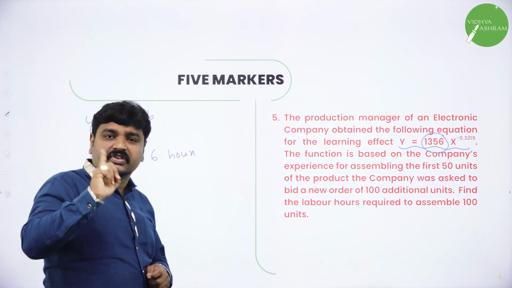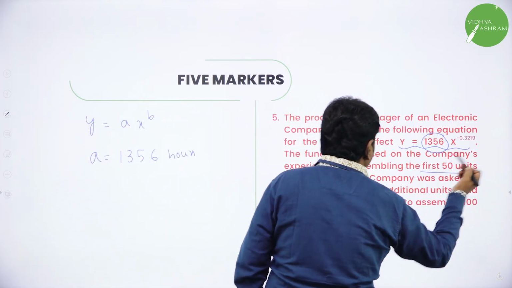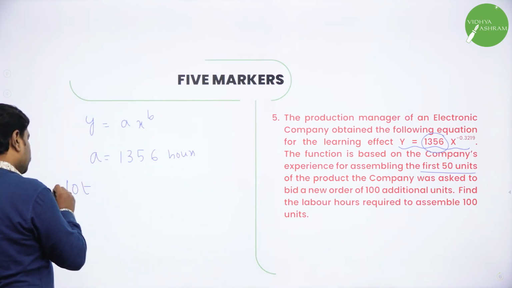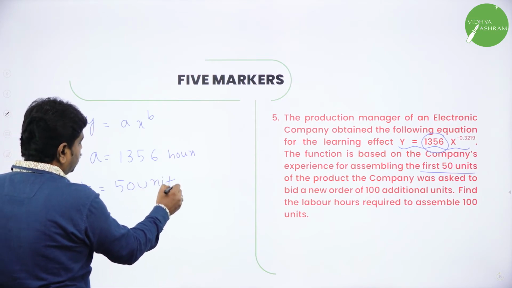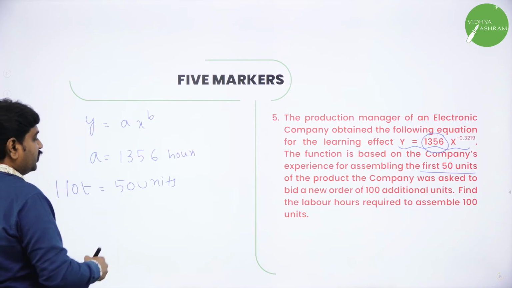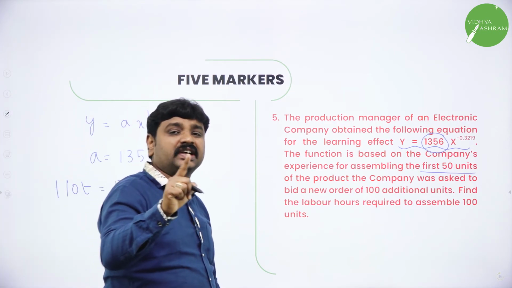A stands for time for first lot or first unit. Then further they told it is based on the first 50 units. So according to me, 1 lot is equal to 50 units. 1 lot is how much? 50 units. This is another assumption. What is the next thing? So 1 lot is 50 units. This is the time for first lot. So time for first lot is 1356 hours.